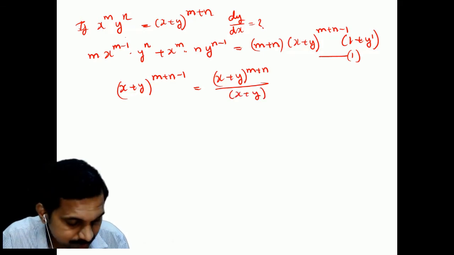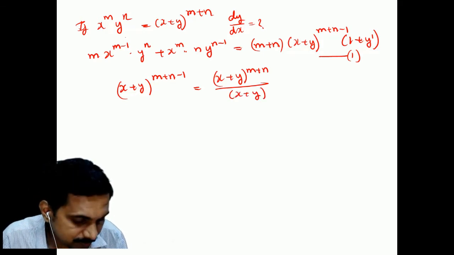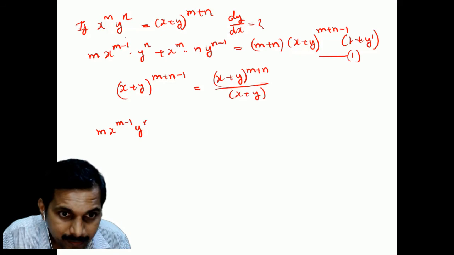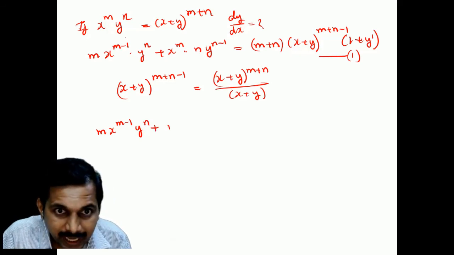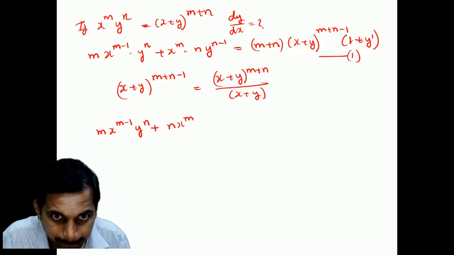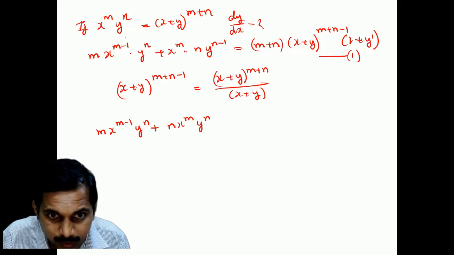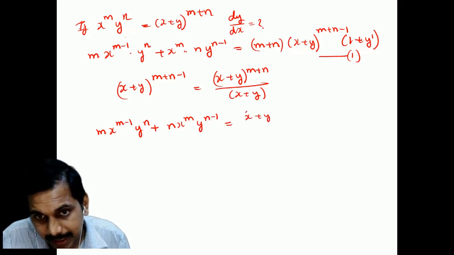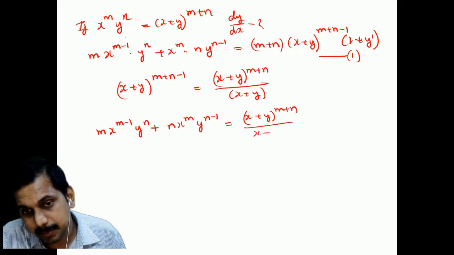Is it not, students? So now this I will replace here. So I can write this as m into x raised to m minus 1 into y power n plus n into x raised to m into y raised to n minus 1 is equal to (x plus y) raised to m plus n divided by (x plus y).